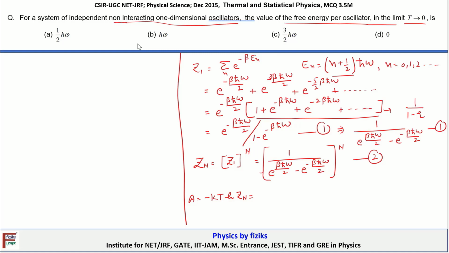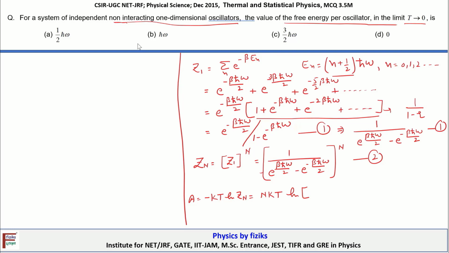That negative sign will be settled with this negative sign. So ultimately we will be left with nkT ln, because otherwise we would have ln 1 upon this exponential factor, which is equal to minus ln of this exponential factor. That's why I have clubbed two steps here.